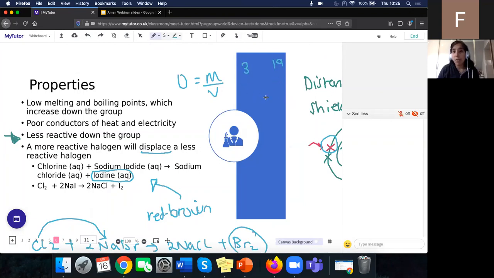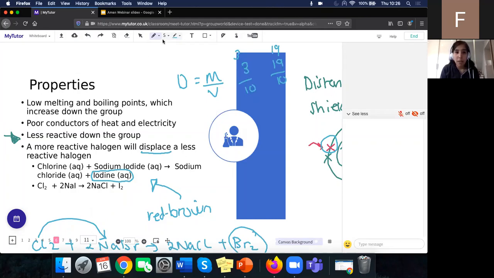So if the volume stays at 10, what we can see is that the density increases. So the density in lithium would be 3 and the density in potassium would be 19. So it's about the mass increasing more than the volume, and that's why the densities increase down the group. But they're low because they tend to have quite a low mass in quite a big volume.